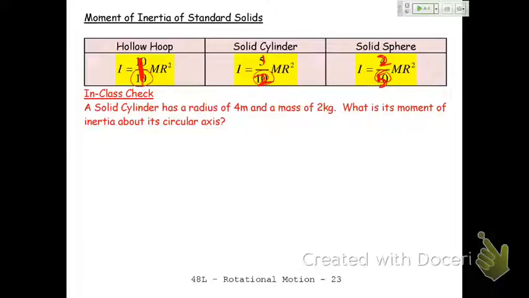If I do not ask you to use the method of calculus as shown in class, and I say a solid cylinder has that radius and that mass, what's its moment of inertia?